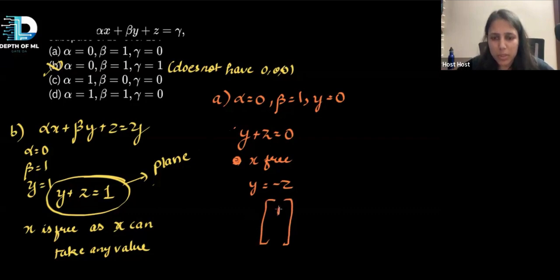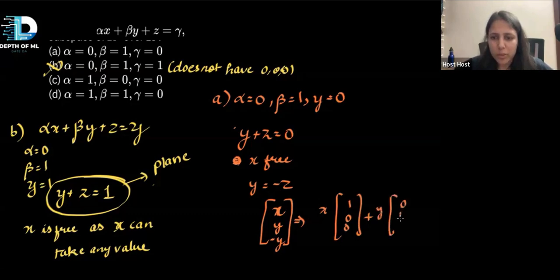So I can create a basis for this like this. Let me write it like this: x, y, and minus y, right? And can I write it like this? x times (1, 0, 0) plus y times (0, 1, -1)?